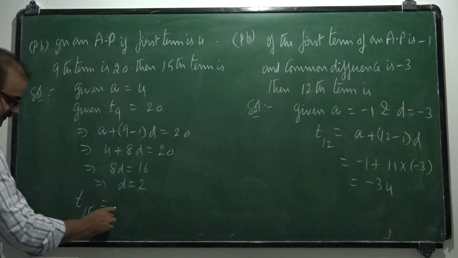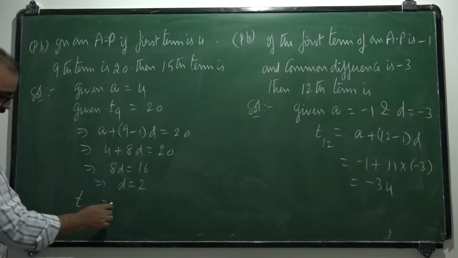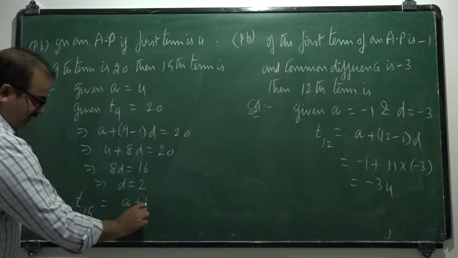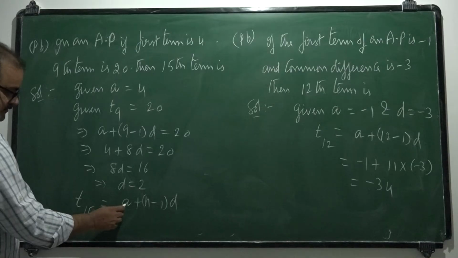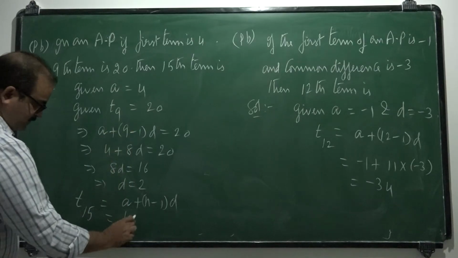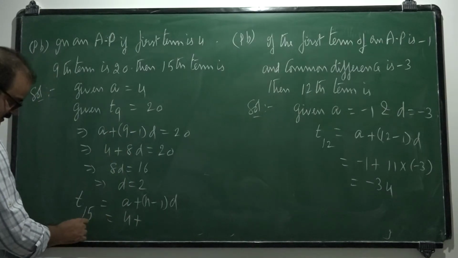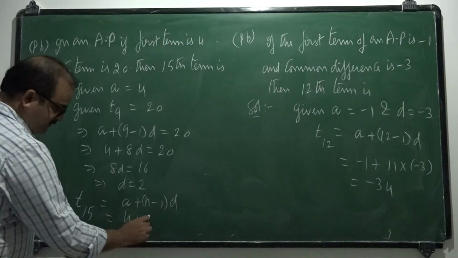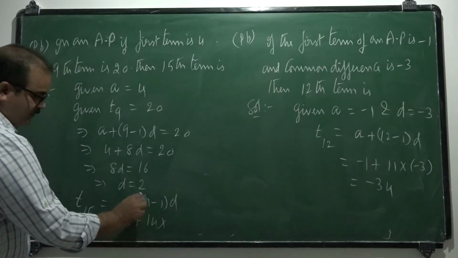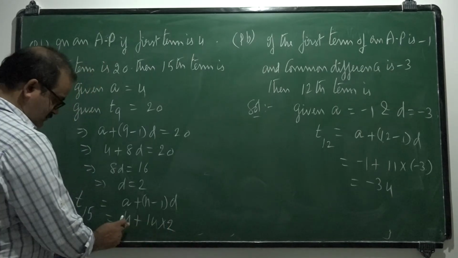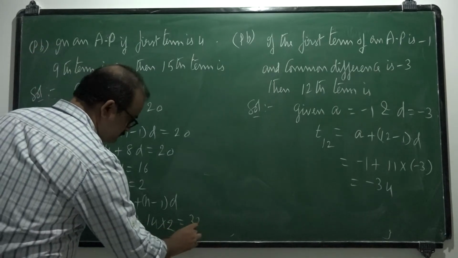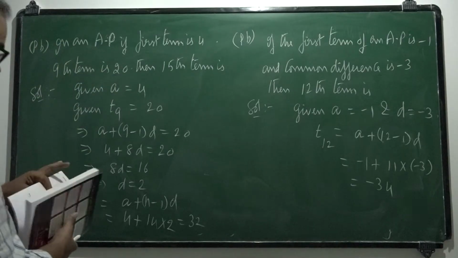How to find T15? Tn is equal to A plus n minus 1 into D. Here A is 4 plus n is 15. 15 minus 1, 14, into D is 2. 28 plus 4, that is 32.